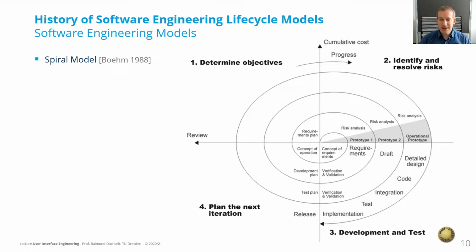This is different here, and you have, of course, objectives determined in a requirement, and you continue then with risk analysis. You soon develop your first prototypes. You develop them, you test them, and then you plan the next iteration. So you have a concept of operation. So it goes on, and you always analyze what risks are involved.